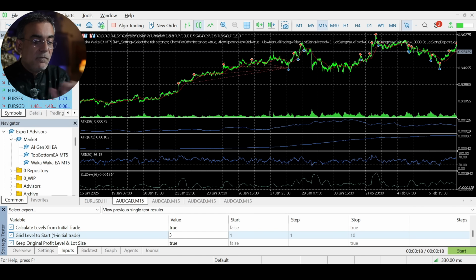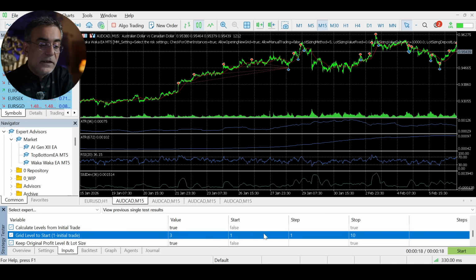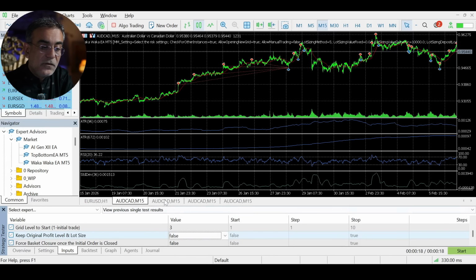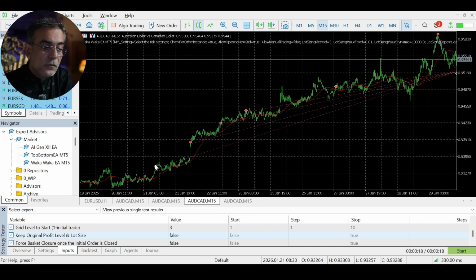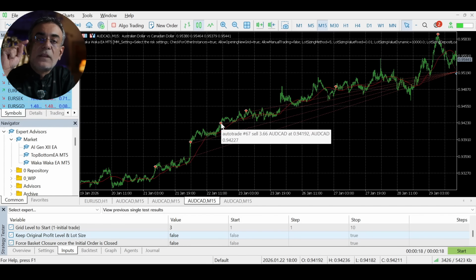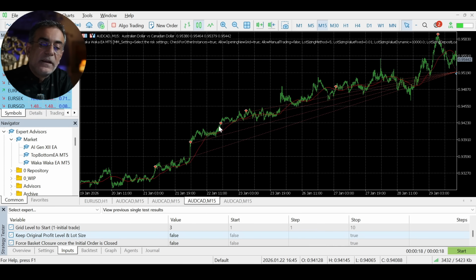But if you select a value different in the grid size to open, then you have two very clever different options, which is one, to keep the original profit and lot sizing to false, in which case the grid is going to be based on 0.01, and from the third trade, we're going to start calculating based on the deposit load. So this is going to be the first trade in that case.